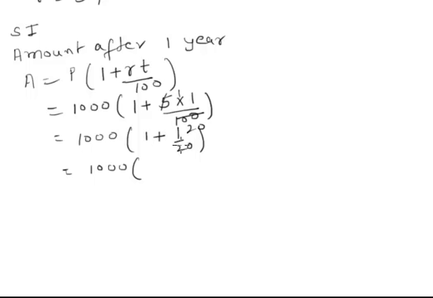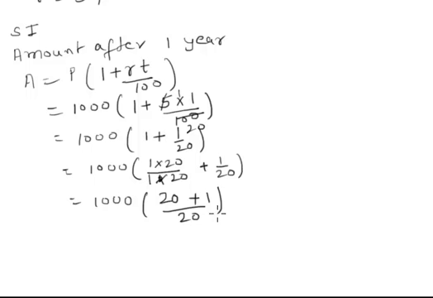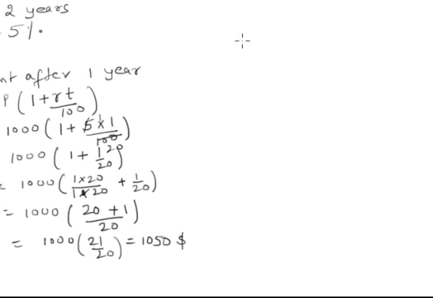Because the denominators are not the same, we need to make the denominators the same. So 1 times 20 in the numerator and denominator, and we have 1000 times (20 plus 1) over 20. So 1000 times 21 over 20, and this is $1,050.